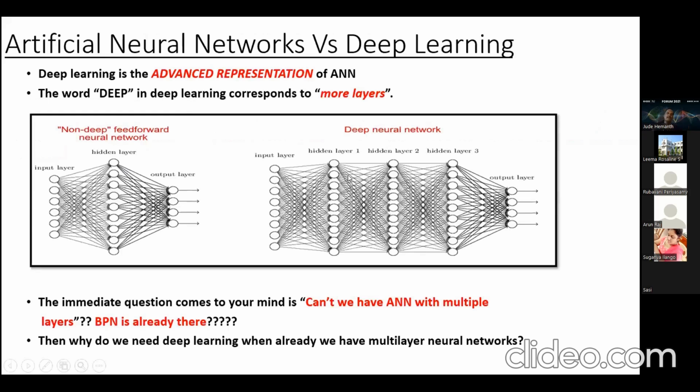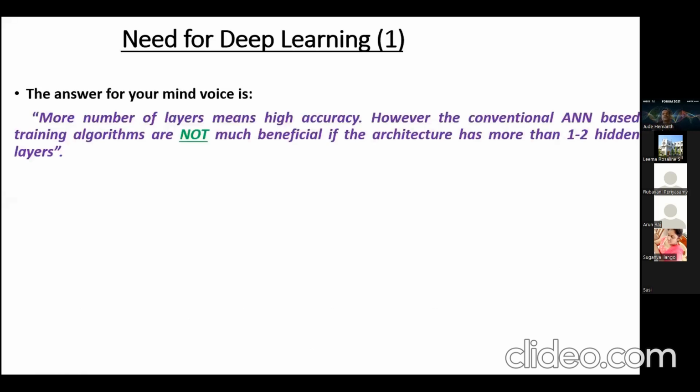Architecture-wise, you may not have much difference, but the way in which you are going to train the algorithm or methodology, or make the machine learn, training and learning both being the same, is going to be different in deep learning or deep neural networks. So deep is the word related to architecture, and learning is the word related to the way in which you are going to store the data.